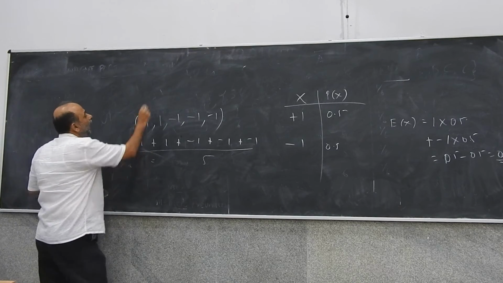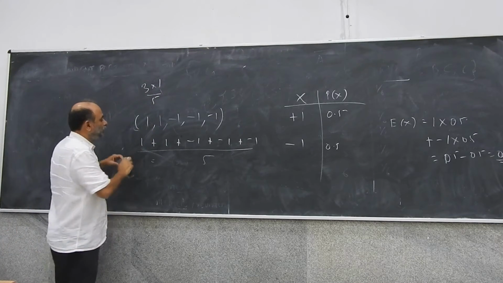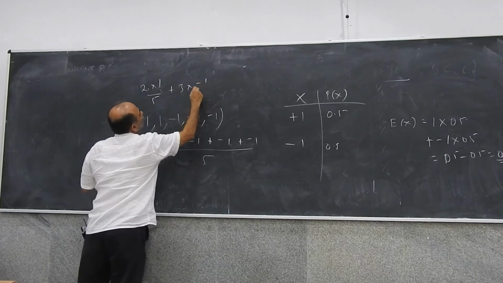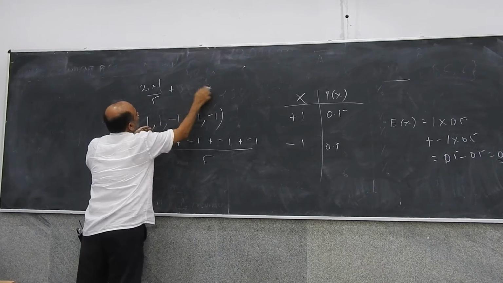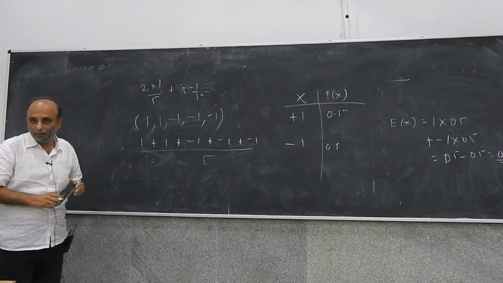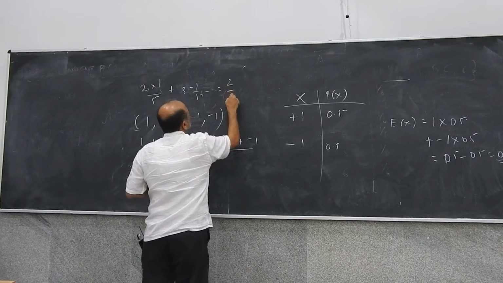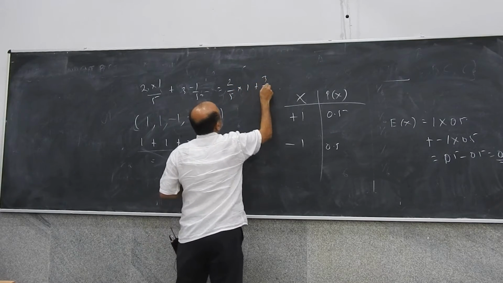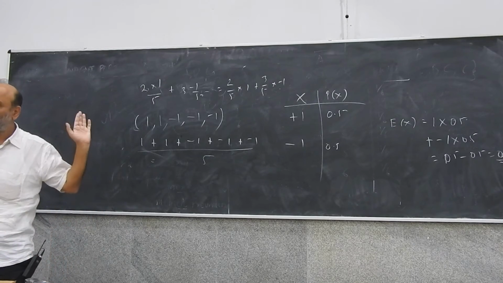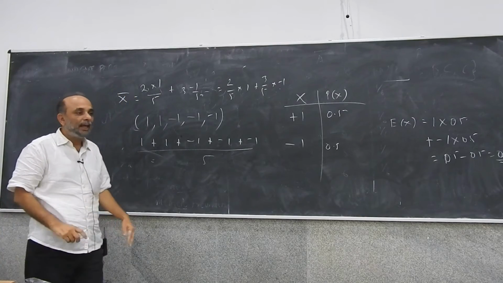I will write this as 2 times 1 upon 5, that is 2 times plus 1 upon 5, plus 3 times minus 1 upon 5. This can be written as 2 upon 5 into 1 plus 3 upon 5 into minus 1, which we call the arithmetic mean x bar.